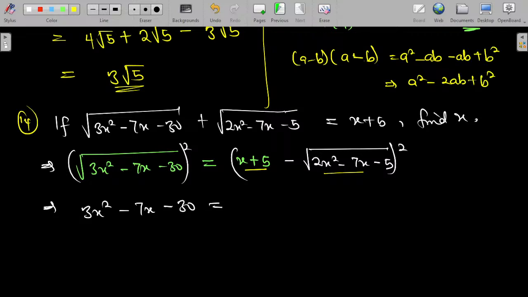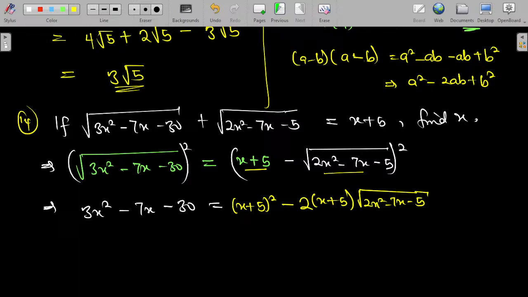I'm going to use that here now. So my a now is x plus 5. So I will have (x plus 5) all squared minus 2 times a, which is x plus 5, then times the whole of this, which is in place of my b, and that is the root of 2x squared minus 7x minus 5.